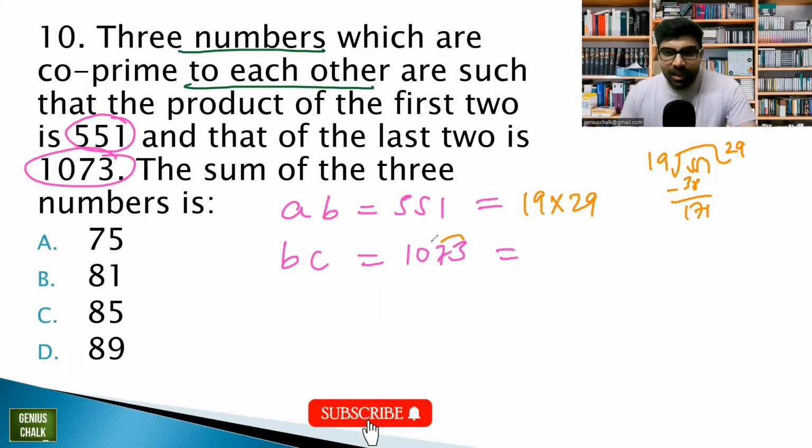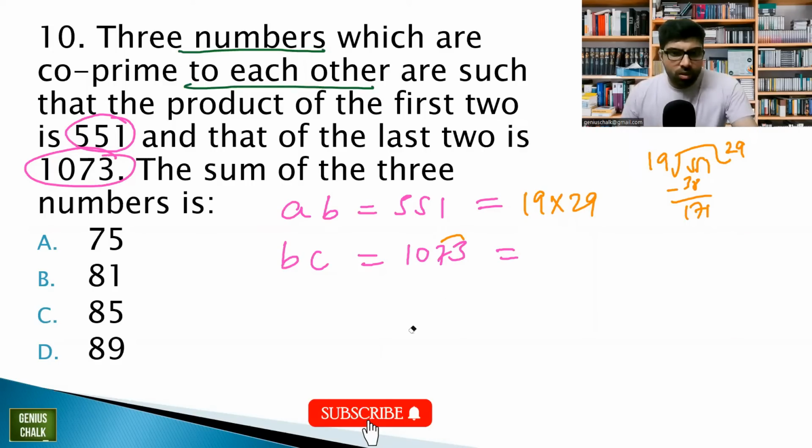So let's see, 19, 19 5s are 95, then you are left with how much? This does not cancel by 19. It must cancel by 29 then. Are we getting the same?